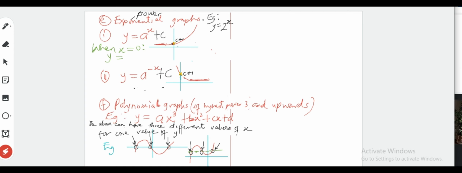But remember the graph itself is y equals a to the x plus c. So 1 plus c, sorry.